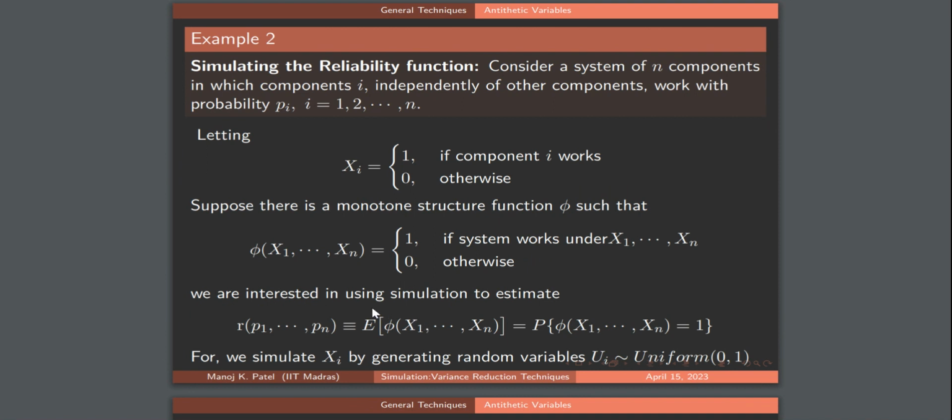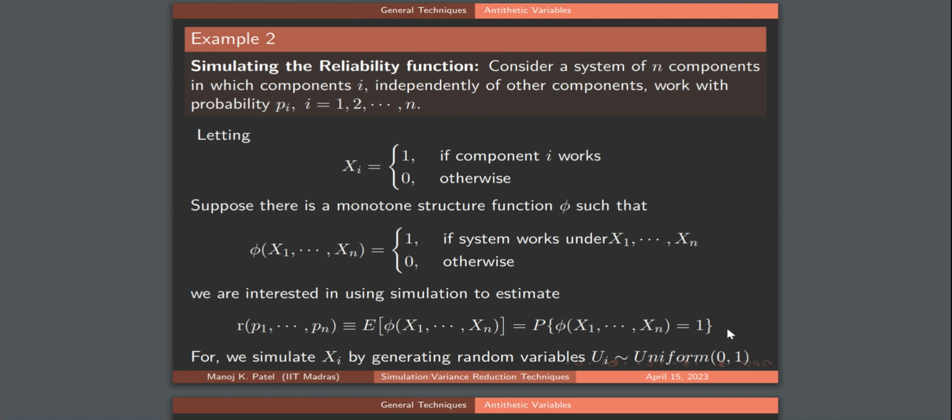So we'll use simulation to get the reliability function, and we'll get the expectation of this structure function in a way so that the variance would be less, so that we have a better reliability estimate. Essentially we are interested in finding the probability that the value of the structure function is 1.